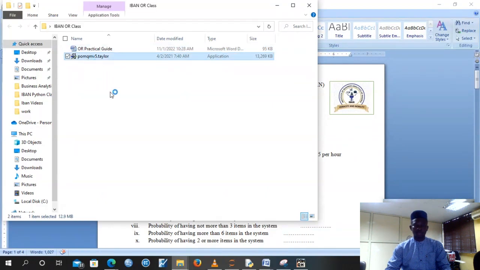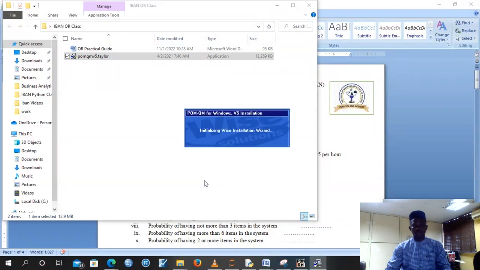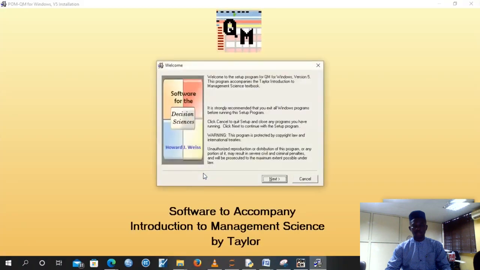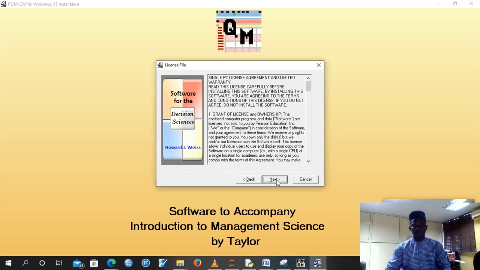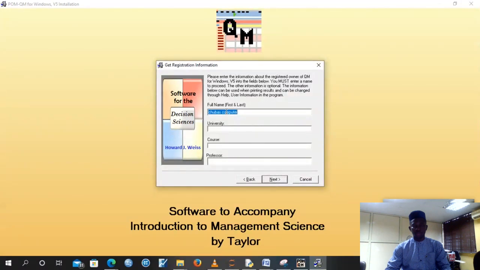Then to install, you just double click or open as admin, continue, then you fill the information provided as required. It's very light: name, university, course, professor.